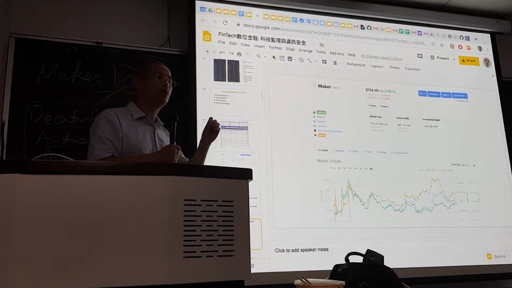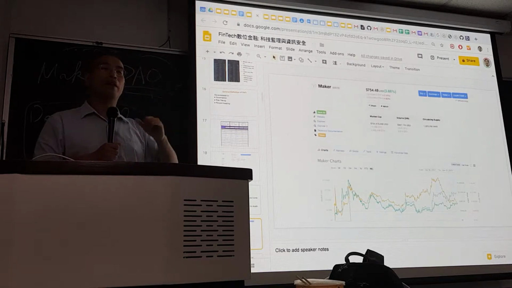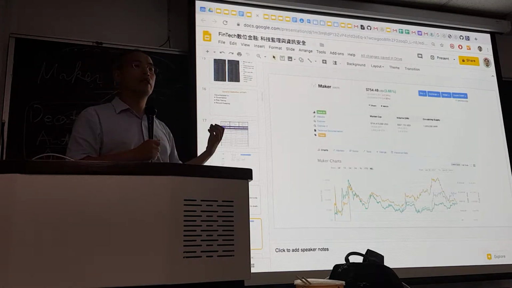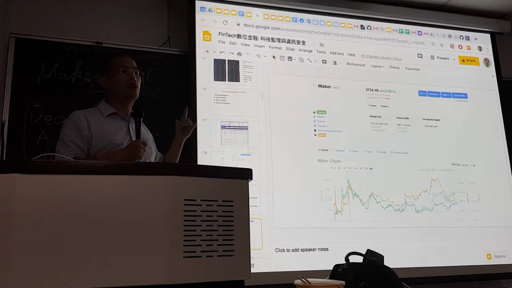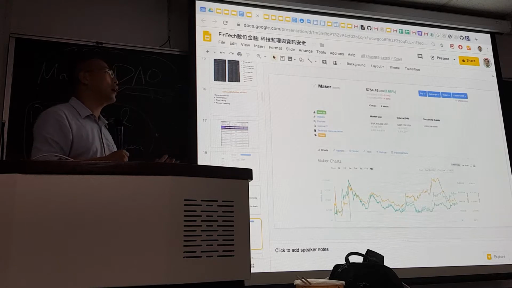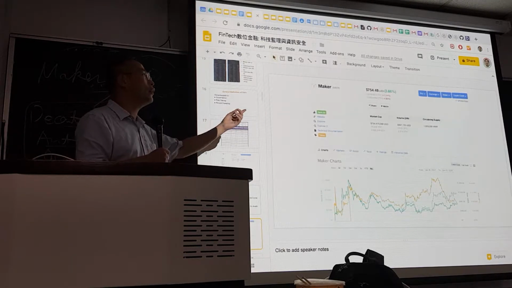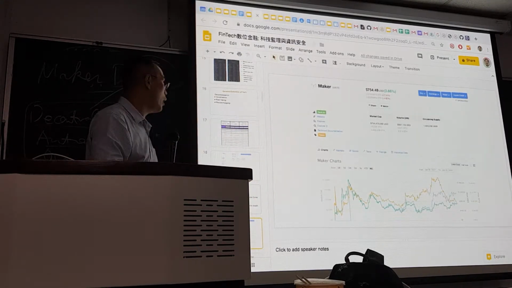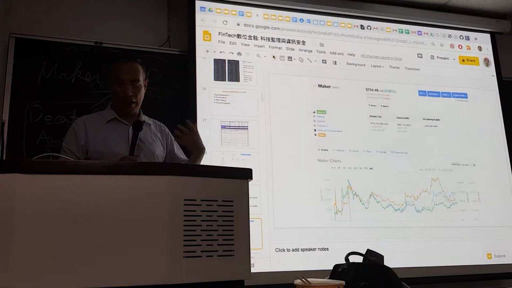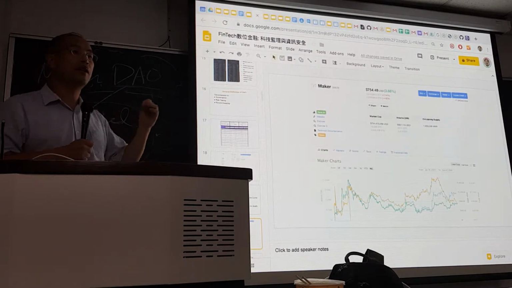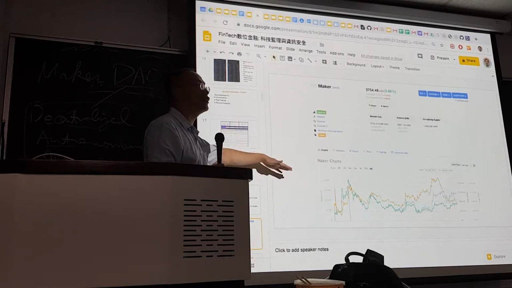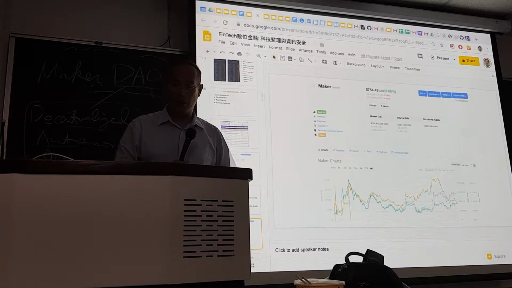And each company puts in 10 million US dollars. So with 30 companies, Libra has 300 million US dollars in their market making fund. But if you look at MakerDAO, this organization, they have more. They have 750 million US dollars.